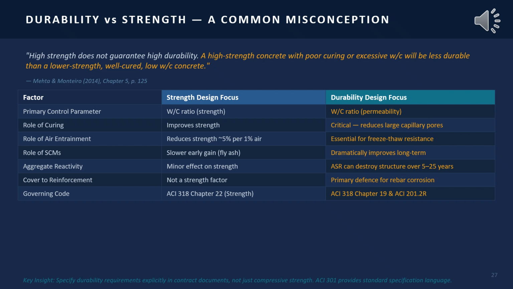ACI 301 provides standard specification language for this. Specify maximum water-cement ratio, minimum cover, minimum air content, minimum curing duration. These parameters control durability far more directly than compressive strength alone.